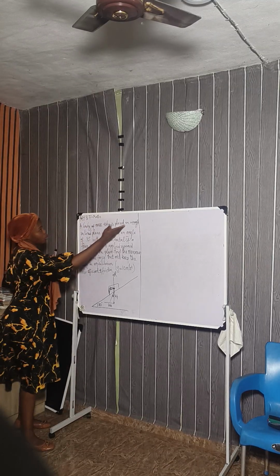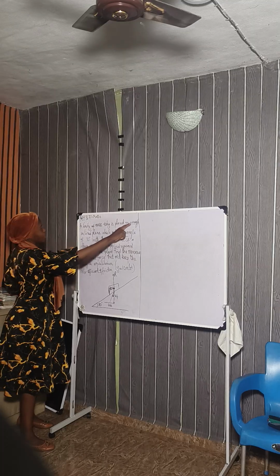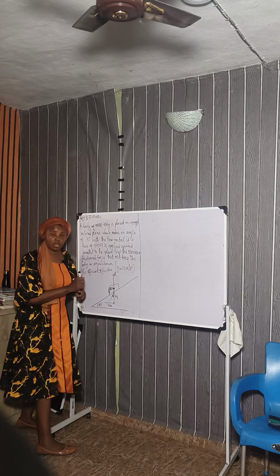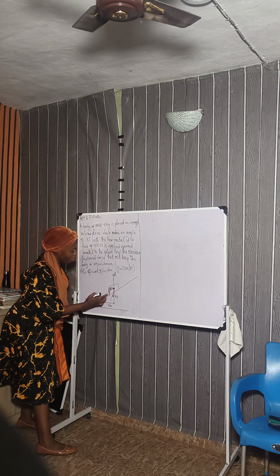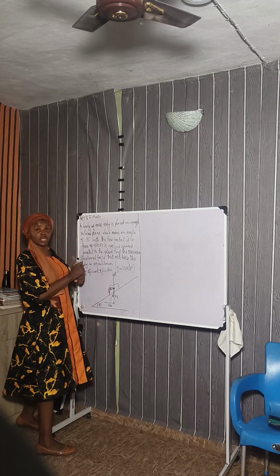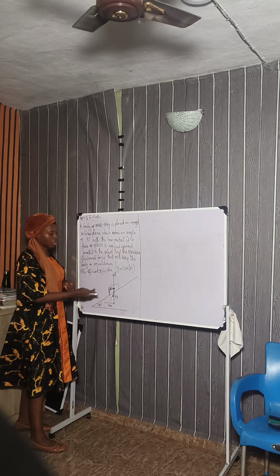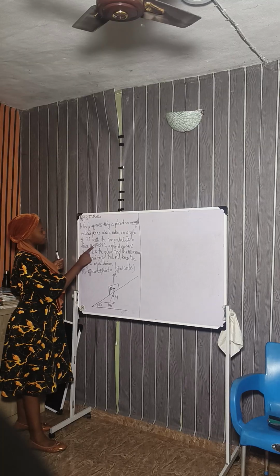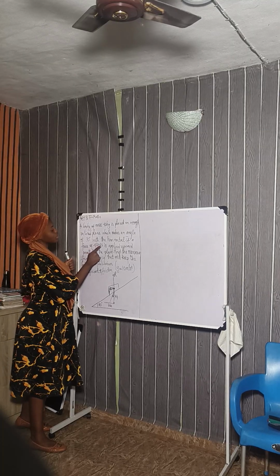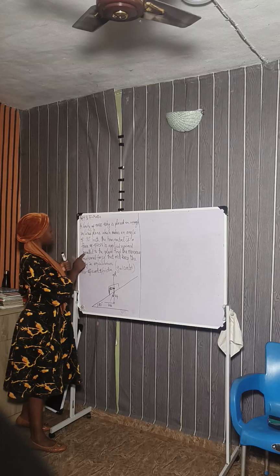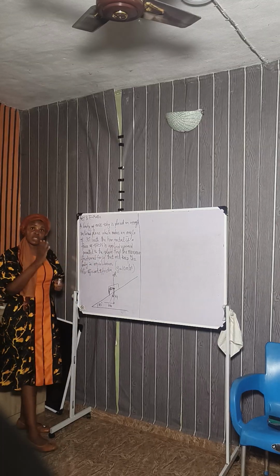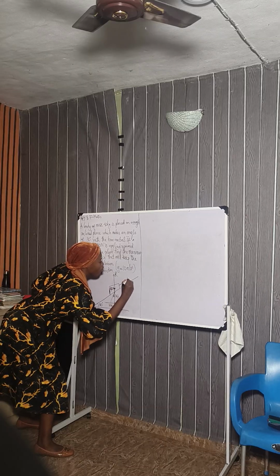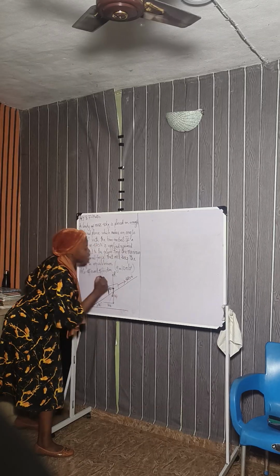So since I'm told that it's a rough inclined plane, I should know that there must be friction here or here, depending on the next part of the story. I will know where to place the frictional force. Now, if a force of 420 Newton is applied upward, parallel to the plane, this is the force, 420 Newton applied upward.